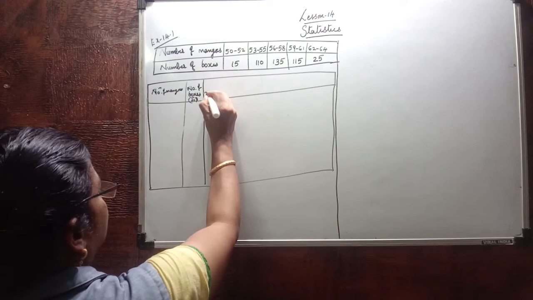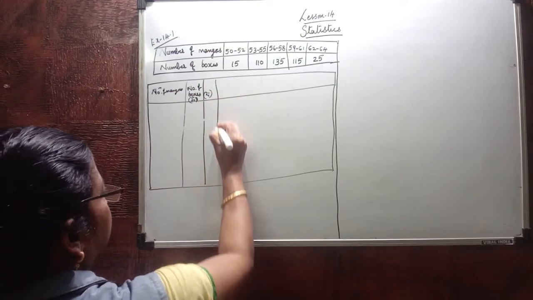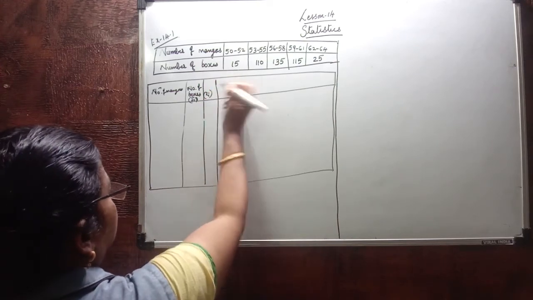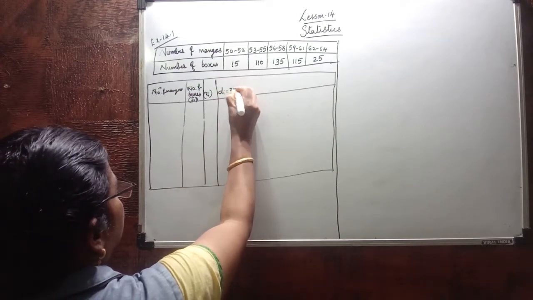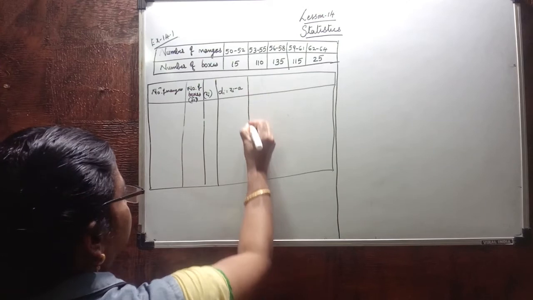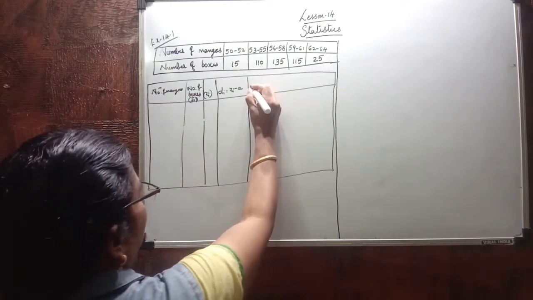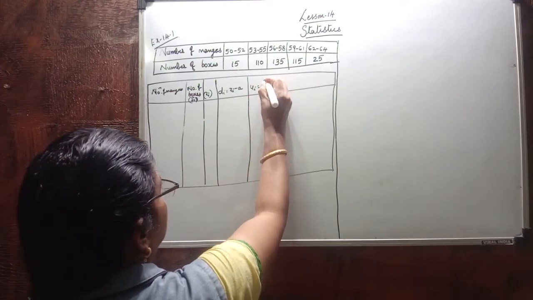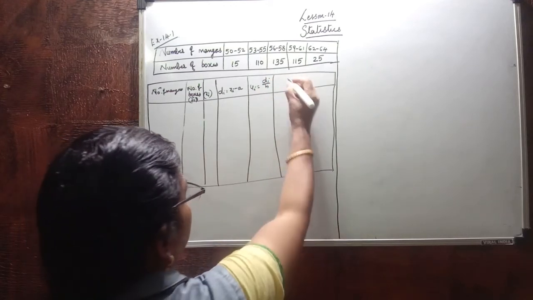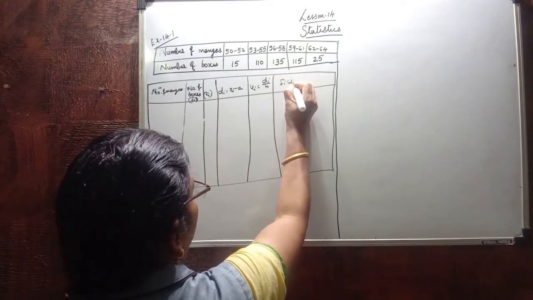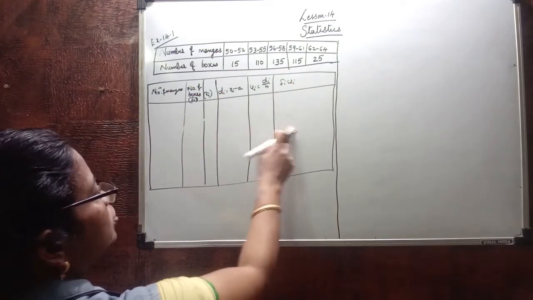Here you have to find out Xi. Then Di is equal to Xi minus A. Then Yi is equal to Di by h. Columns 1, 2, 3, 4, 5, 6.